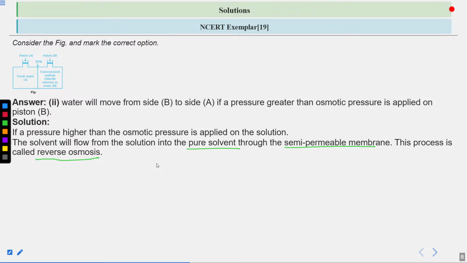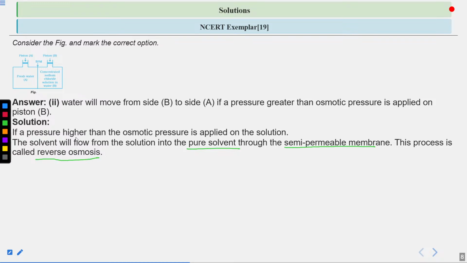Basically, the osmotic pressure is the minimum amount of pressure which the solution needs to be applied on, so that the inward flow of the pure solvent will be prevented across a semi-permeable membrane. That minimum pressure is considered as osmotic pressure.